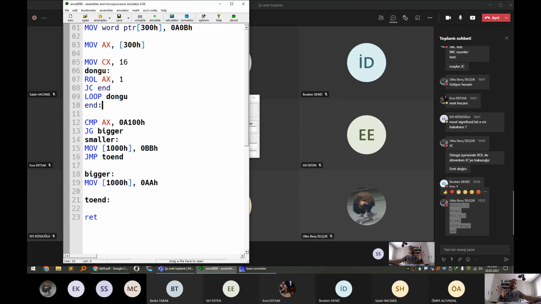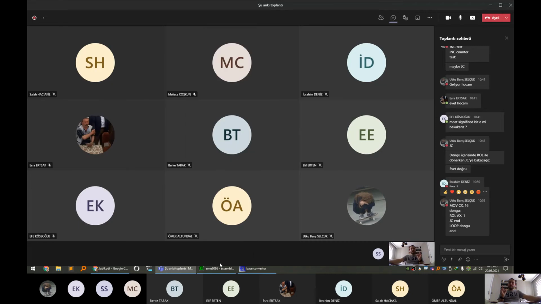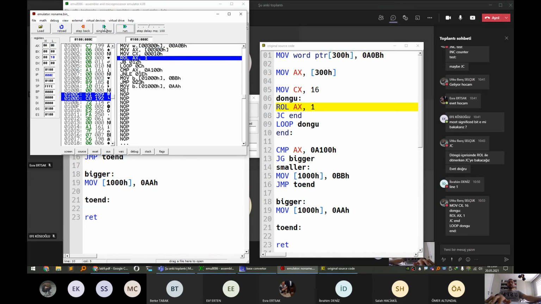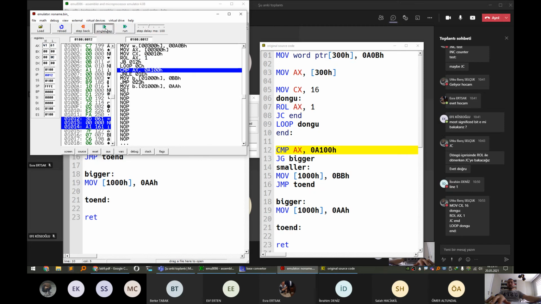Okay, this is meaningful. Let me emulate. Okay, this will run. Utku, please look at the AX value. AX is now A0 B0, but it should be A0 B0, right?